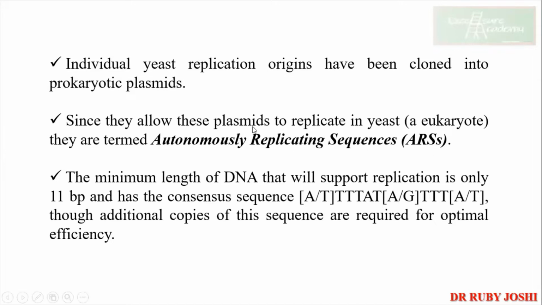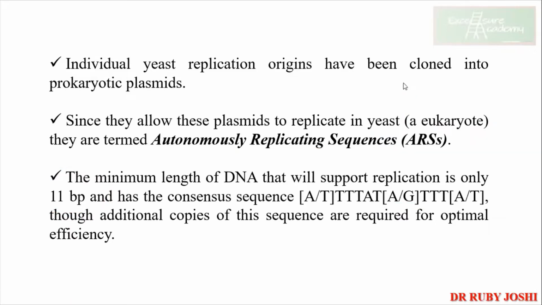Okay, so in the case of yeast, जैसे कि बैक्टीरिया में it was OriC, right? Remember OriC, the origin of replication in the case of bacteria. In the yeast, it is known as autonomously replicating sequences, and the minimum length of DNA that will support replication is around only 11 base pairs and has got this sequence. Okay, याद करने की जरूरत नहीं, just for the reference, you don't have to learn the sequence by heart.